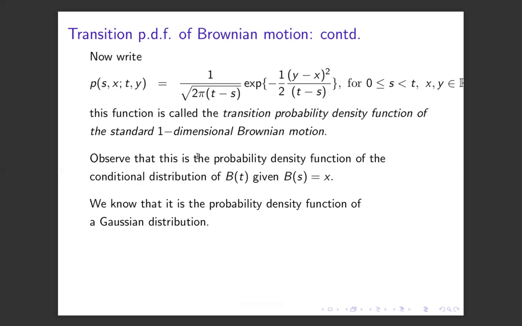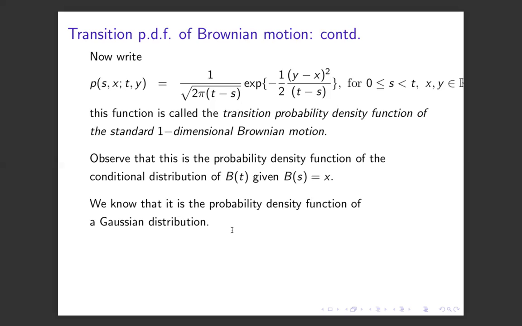So we know that it is the probability density function of a Gaussian distribution, a one-dimensional normal distribution. In probability and statistics, you would have seen this under this avatar, PDF of a Gaussian distribution.